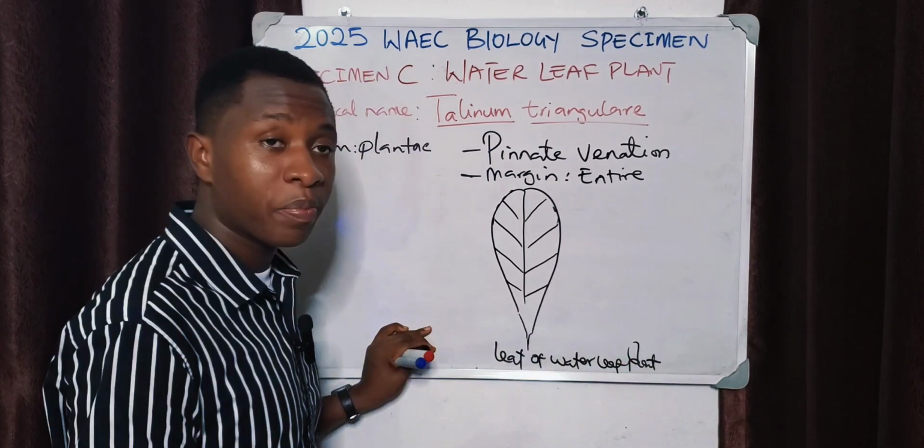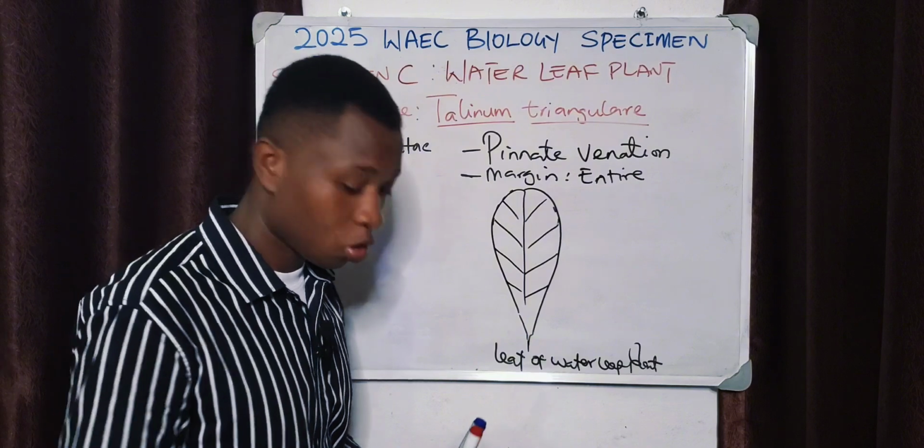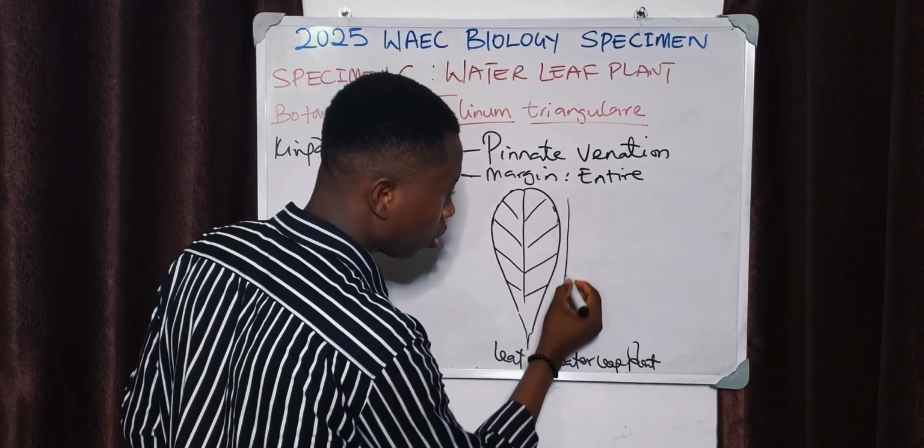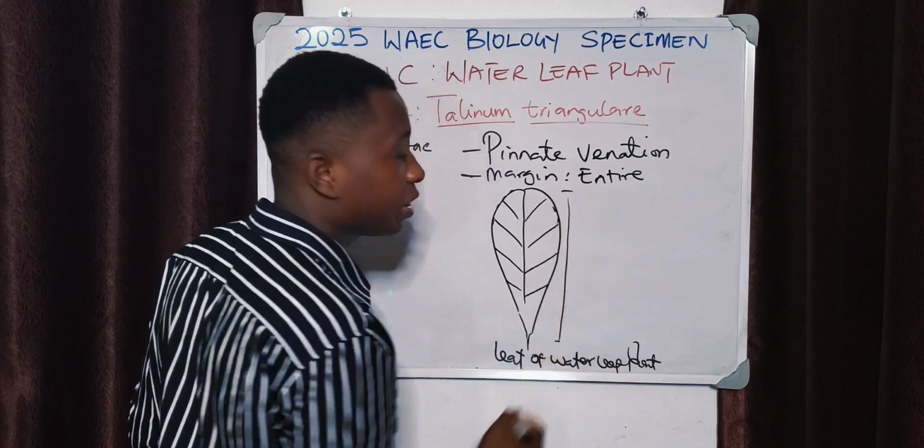Your title, very important. Then your magnification. How do you get your magnification? You get your meter rule, right? Measure the length of your diagram.